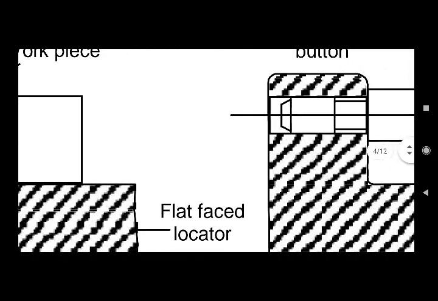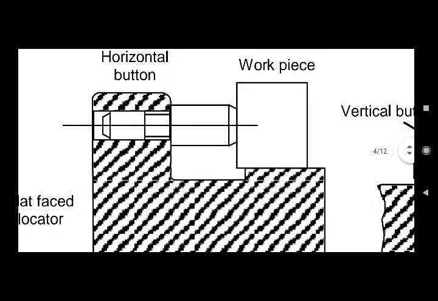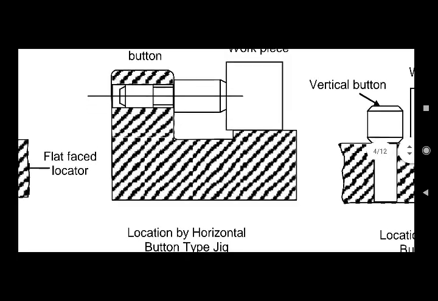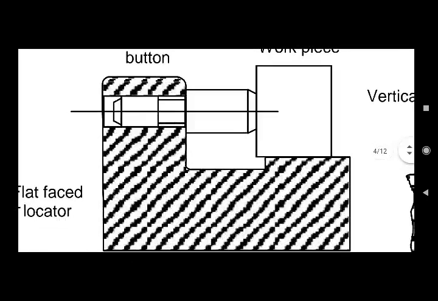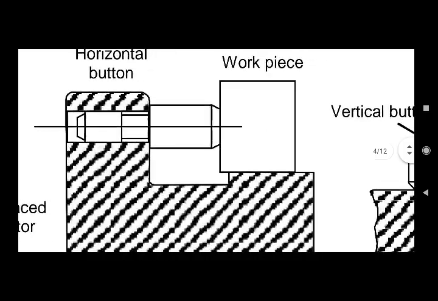Now in diagram number 2 you can see a horizontal button is provided in order to hold the workpiece onto the jig. The spacious arrangement gives ample space in order to accumulate the chips produced during machining.